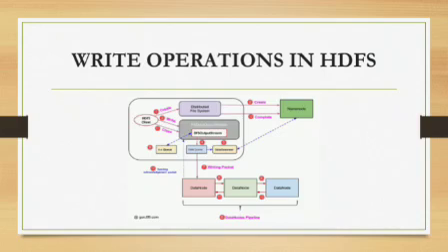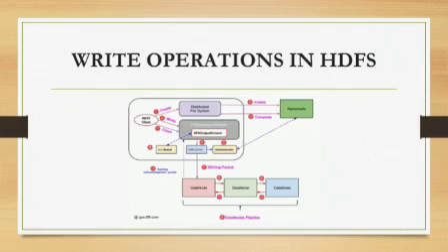These packets are enqueued into a queue called the data queue. There is one more component called the data streamer, which consumes the data queue. The data streamer also asks the name node for allocation of new blocks, thereby picking desirable data nodes to be used for replication. Now the process of replication starts by creating a pipeline using data nodes.